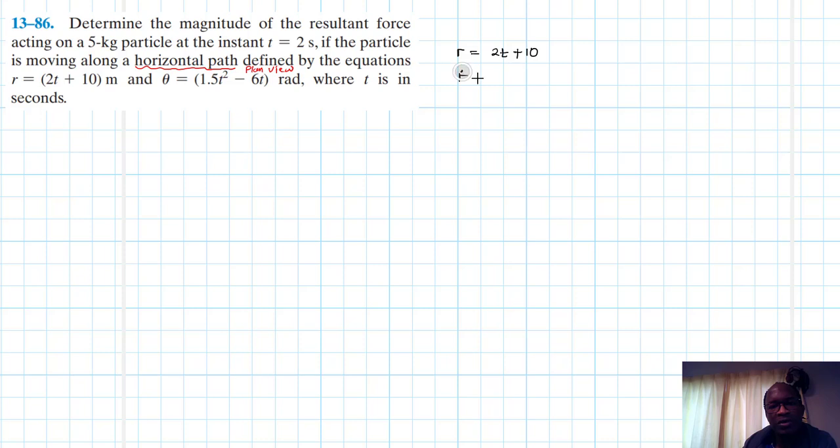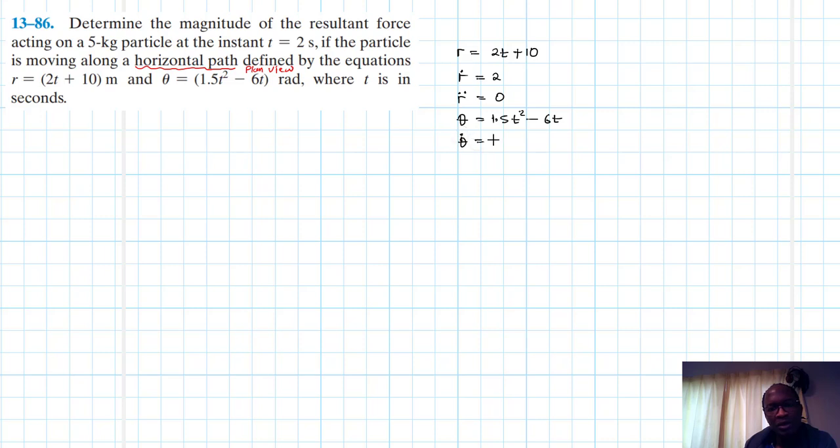So r dot, the derivative of r with respect to t, is just 2, and r double dot is just equal to 0. Then we have theta, which is quadratic: 1.5 t squared minus 6t.